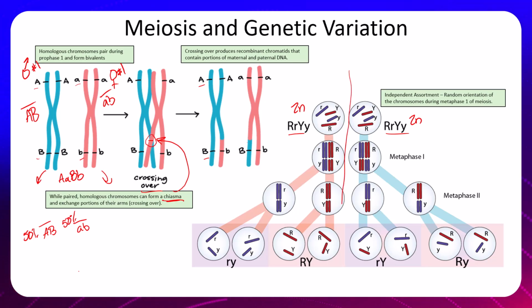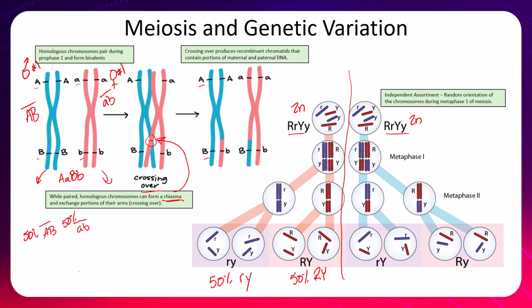If this option on the left happens, or if this is our meiotic division, and in meiosis 1, both red chromosomes line up on the right, and both blue chromosomes line up on the left, you go through 2 rounds of meiosis, meiosis 1, meiosis 2, and you get 50% little r, little y, and 50% big R, big Y. Those are the only 2 options.